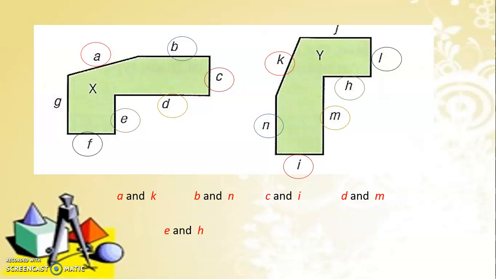L is congruent to letter F. So we say F and L are equal to each other. Next is side G. Which side is congruent to side G? J is congruent to side G. So we say that G and J are congruent to each other.